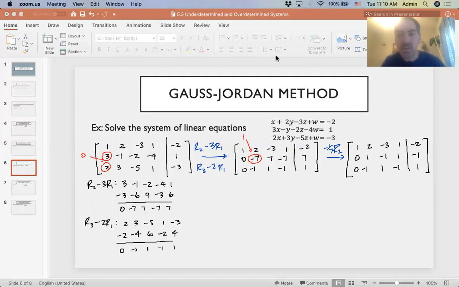And now I want everything else in column 2 to become zeros. Which is accomplished by adding row 1 to negative 2 times row 2 and row 3 plus 1 times row 2.